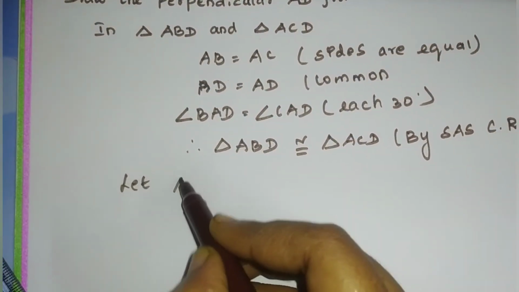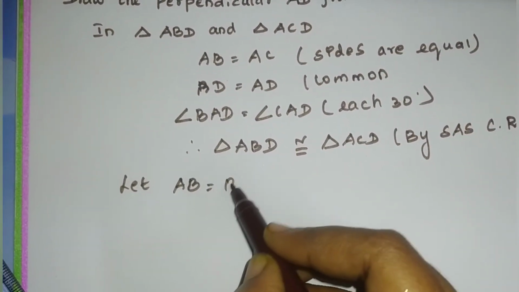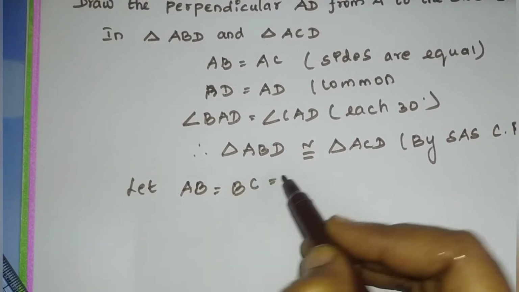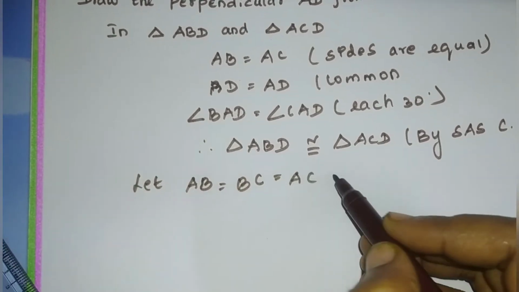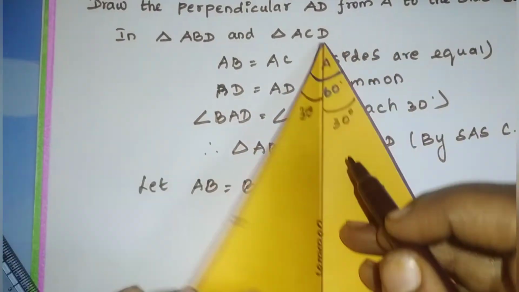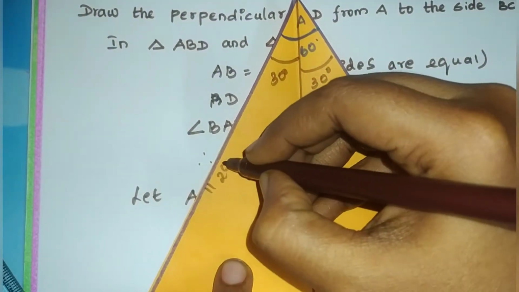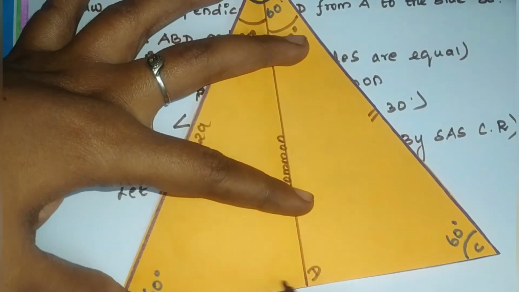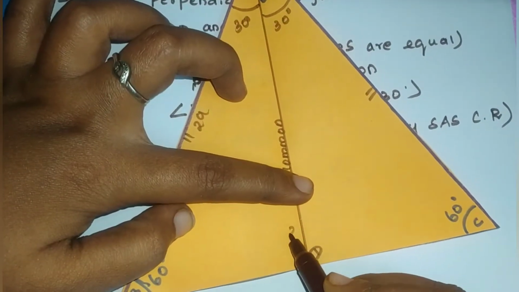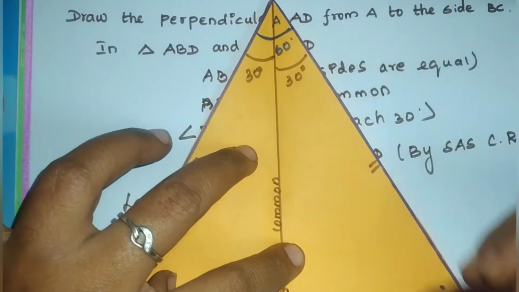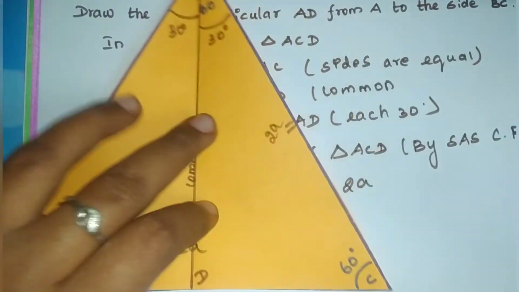Let AB is equal to BC is equal to AC is equal to 2a. So this full side is 2a, and this full side is 2a.